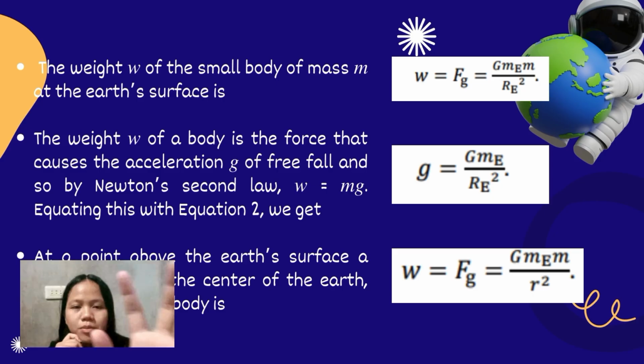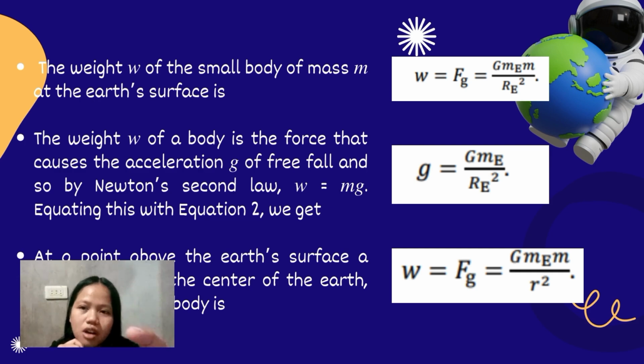So from the formula of gravitational force, or the law of gravitation, ma-derive nato ang value sa free fall acceleration, or acceleration due to gravity, which on Earth is 9.8 meter per second squared.